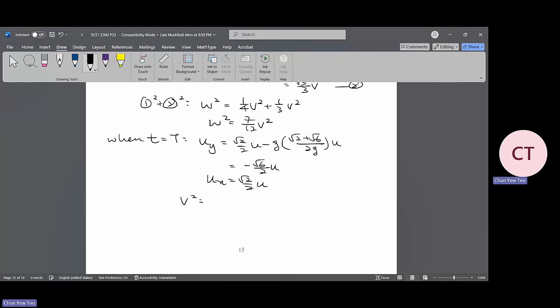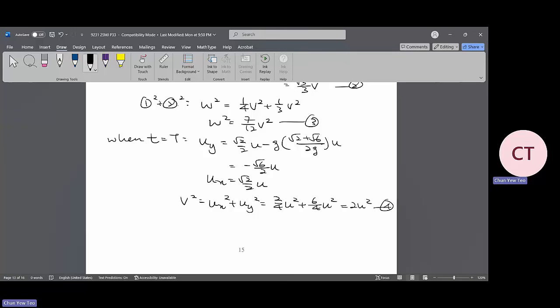So V squared is equal to ux squared plus uy squared. It will be equal to 2/4 u squared plus 6/4 u squared. So you will get 2u squared. Okay. I call this one equation 3 and this one equation 4.